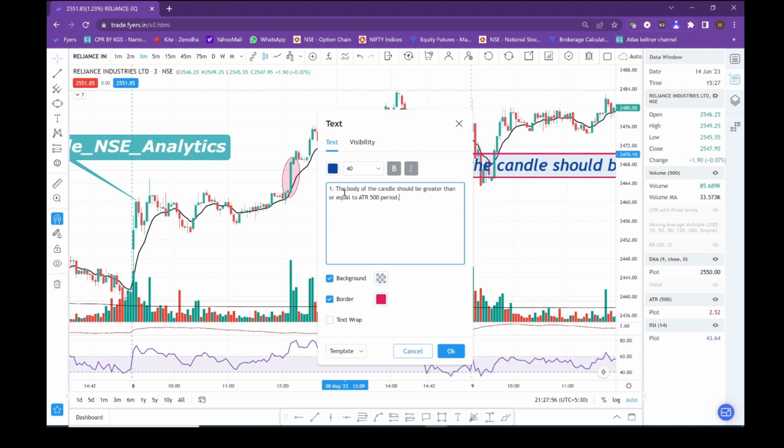So as of now, just follow the 500 period parameter. There is a logic behind this, but for this video it is not required yet. But just consider ATR 500 period to spot a good momentum candle.